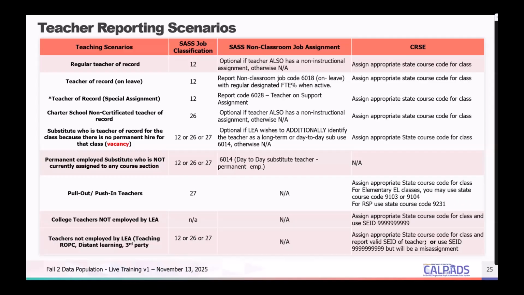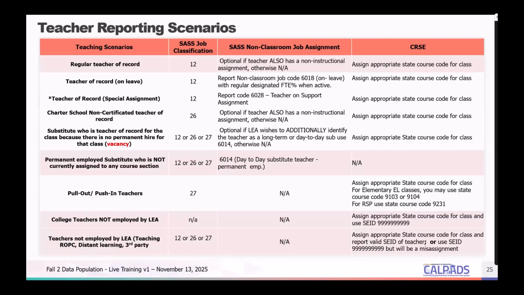And optionally, if you wish to identify teachers as long-term or day-to-day substitutes, use support assignment code 6014. Again, this is optional. Then you would assign the appropriate state course code in the CRSC file.